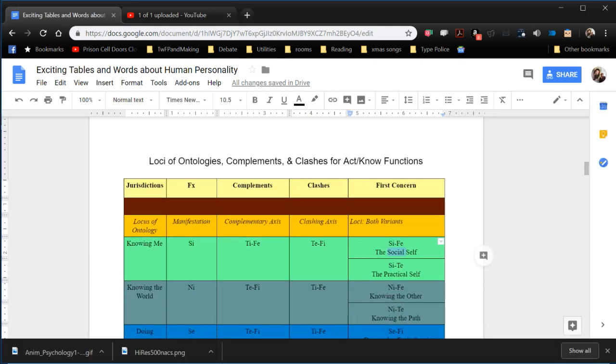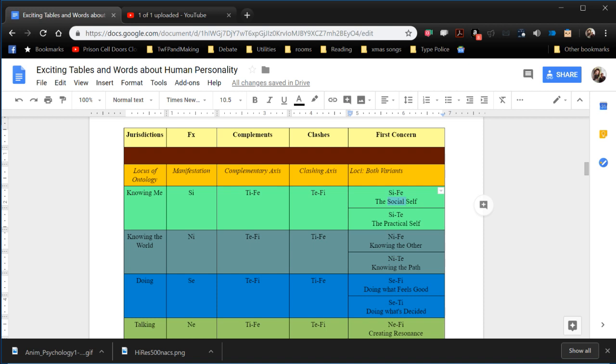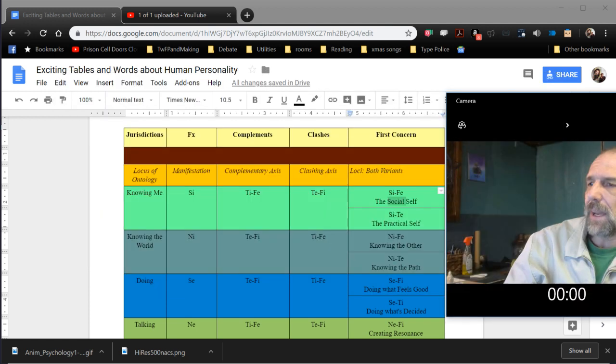Loci of ontologies, complements, and clashes for act and know functions. So, knowing me, if that's the locus of ontology, then the manifestation is SI, and the complementary axis is TI, FE. Why would it be that? It would be TEFS, no. Complementary with this is TEFI.